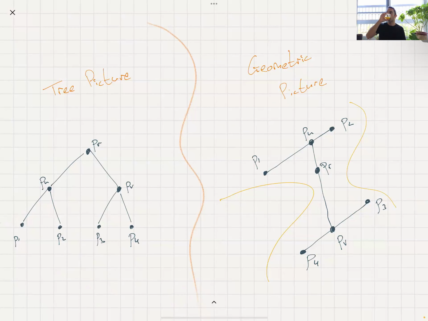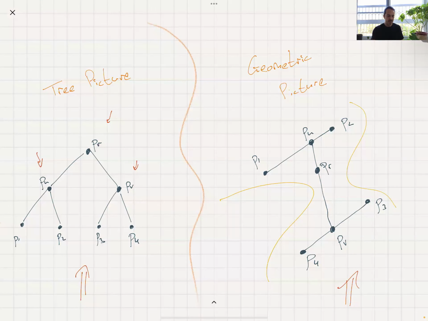So the kind of double picture you should have in mind is that maybe this is the tree that you have, but geometrically what happens is this thing. Say you have polynomials P1, P2, P3, and P4, which form an interlacing family. And so here is a tree that describes the interlacing family. Here you have polynomials PU, PV, and PR.